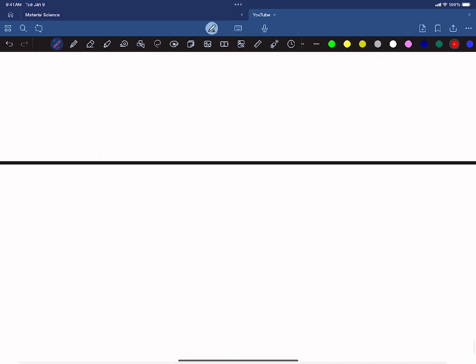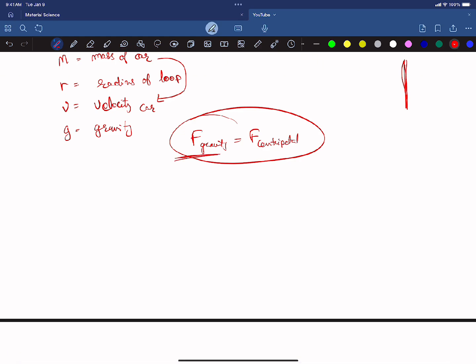So now we know F is equal to mg, and the centripetal force F is equal to mv squared by r. So we'll substitute the value of F centripetal here, mv squared by r.